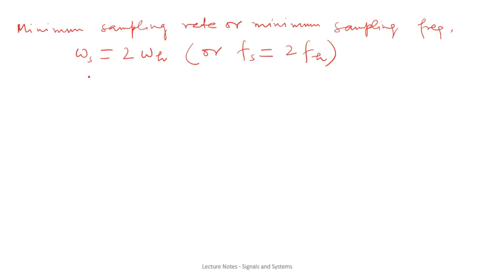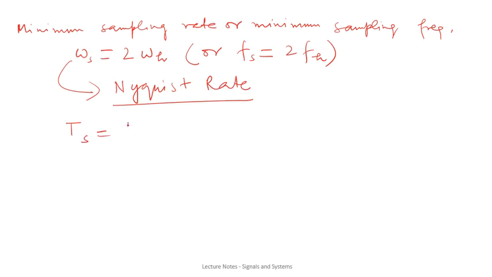So this minimum sampling rate is referred to as the Nyquist rate.